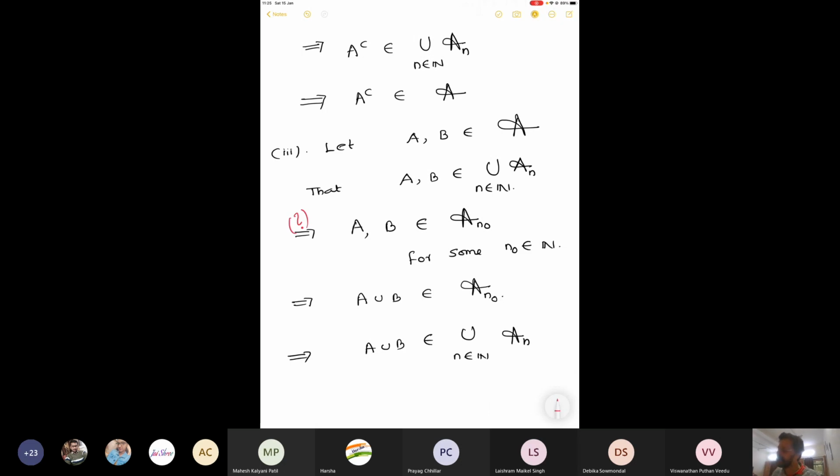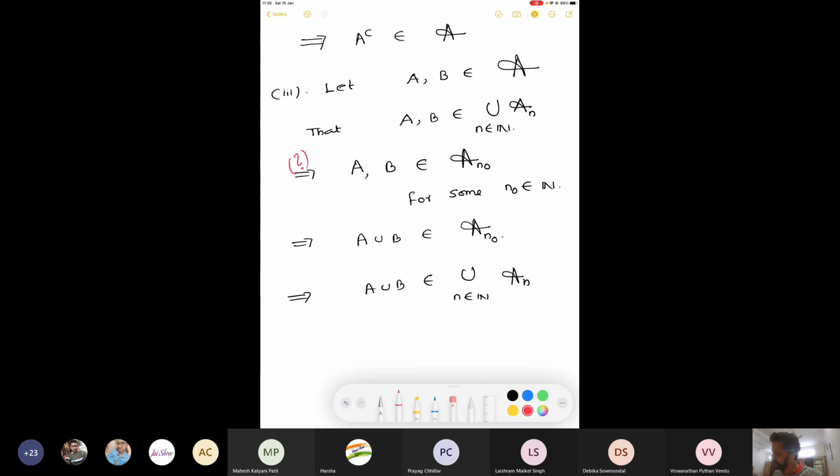If A, B are in union A_N, how do you say A and B are in A_n-naught for some n-naught? Once you are convinced with that, rest follows automatically. And that implies A union B is in script A. So whenever you pick two elements in script A, their union is in A. Therefore, A is closed under union of two sets, and hence union of a finite number of sets.